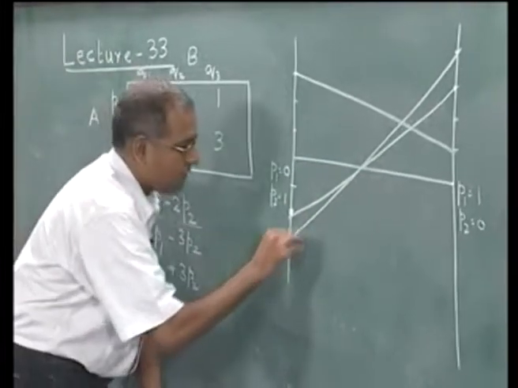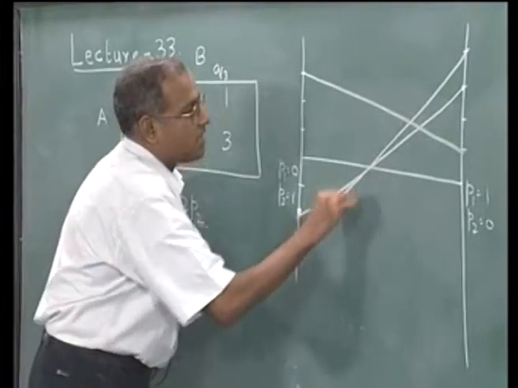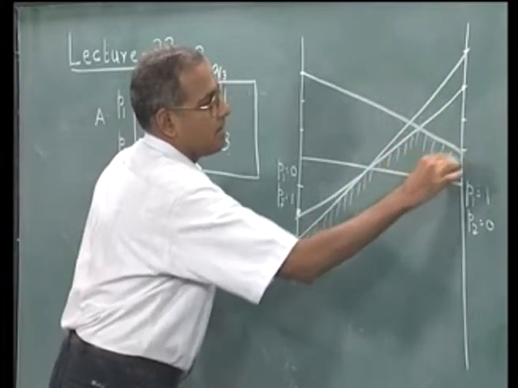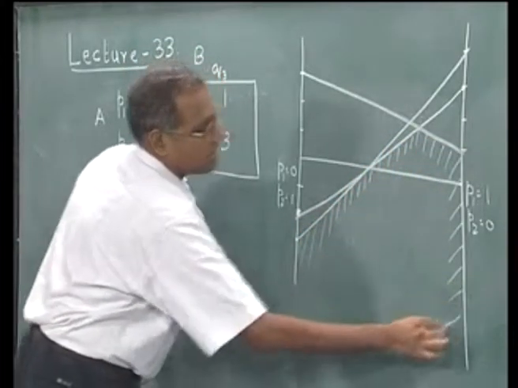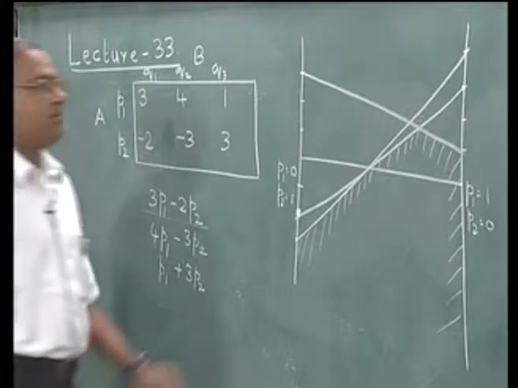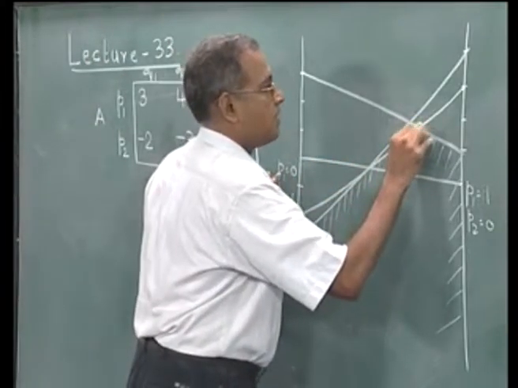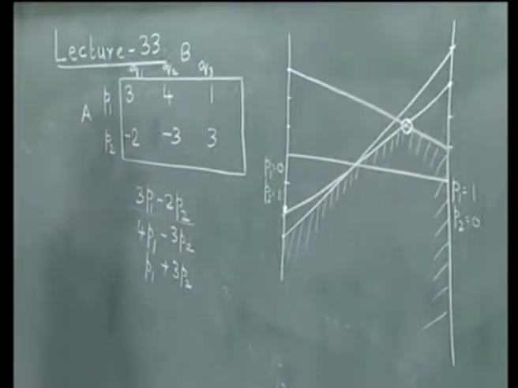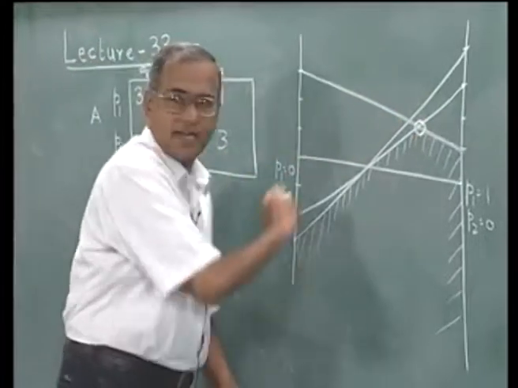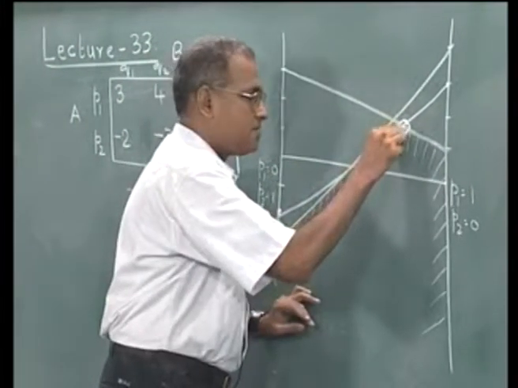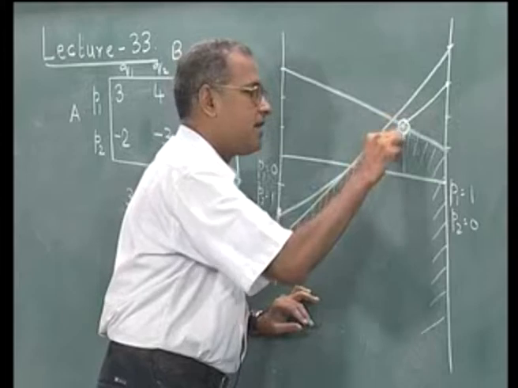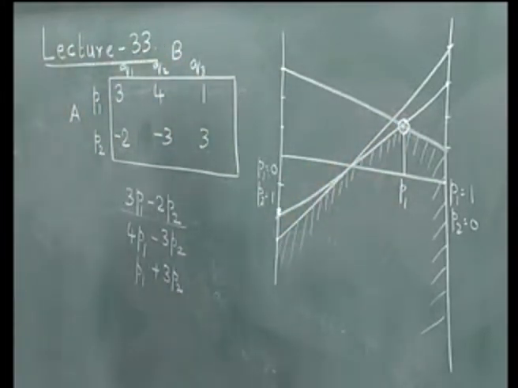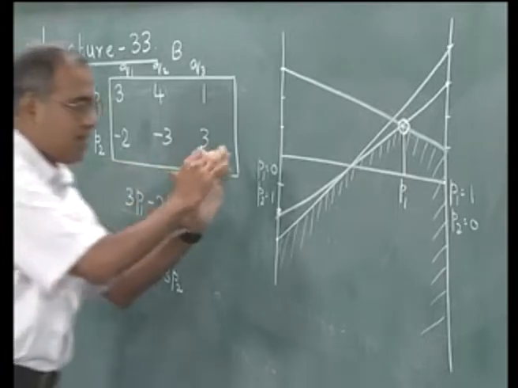Therefore, A's profit line, which includes all the constraints, is given by something like this, and the maximin happens to be somewhere here. If we had drawn this on the correct graph sheet, then this point will tell us the value of P1 at which A can get the maximum profit. But we have not drawn this to scale.